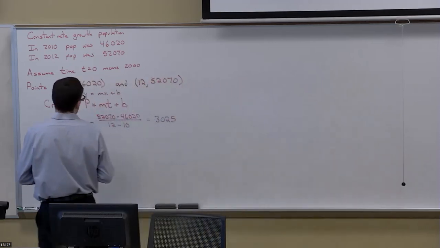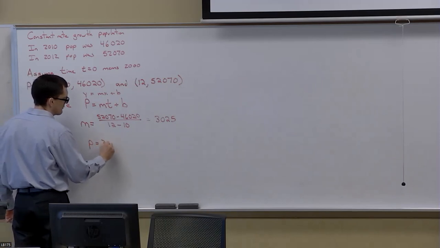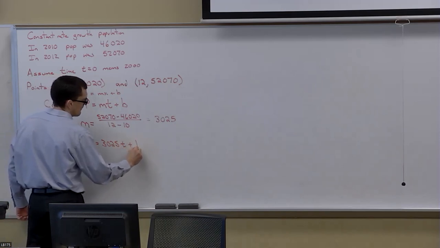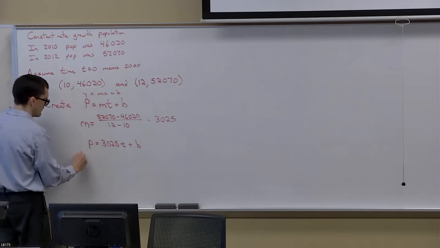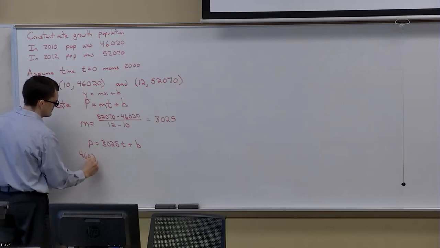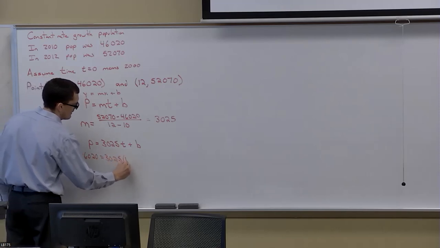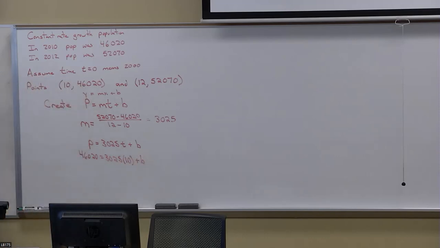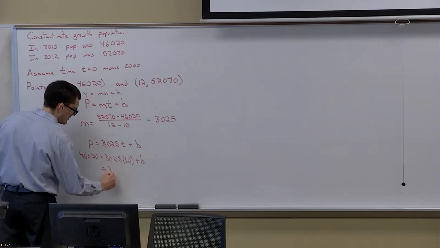Now that we have that, we plug it into our model. Our population is going to be 3,025 times T plus some B. Now I plug in one of the points. It doesn't matter which one. I'll plug in this first one, I guess. 46,020 equals 3,025 times 10 plus B. 3,025 times 10 is 30,250.